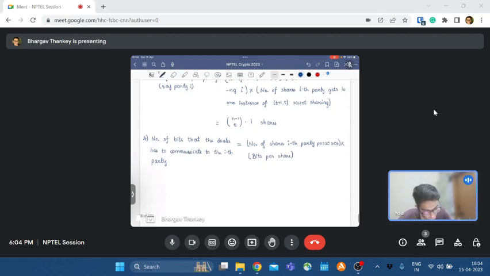Okay, so we just computed the number of shares the ith party possesses, n minus 1 choose t, and bits per share is m, so these many bits.